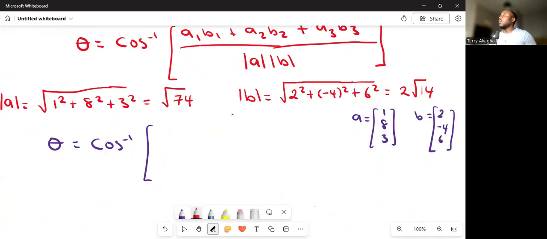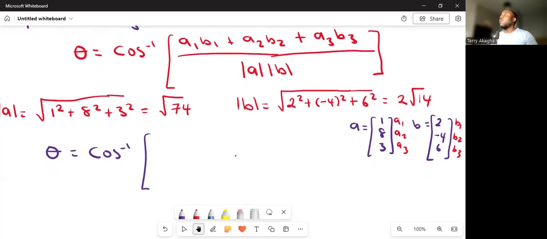So we already know that this is the A1, A2, A3, and this is the B1, B2, and B3, all right? Now we can apply the formula straight up. We have A1 times B1, which is 1 times 2, plus A2 times B2, which is 8 multiplied by minus 4, plus A3 times B3, which is 3 multiplied by 6.